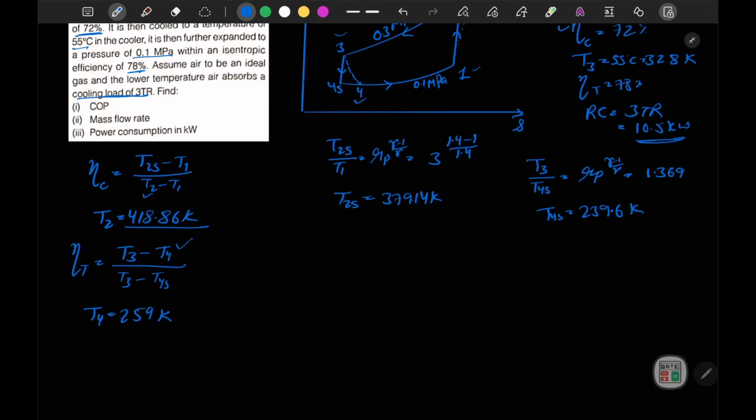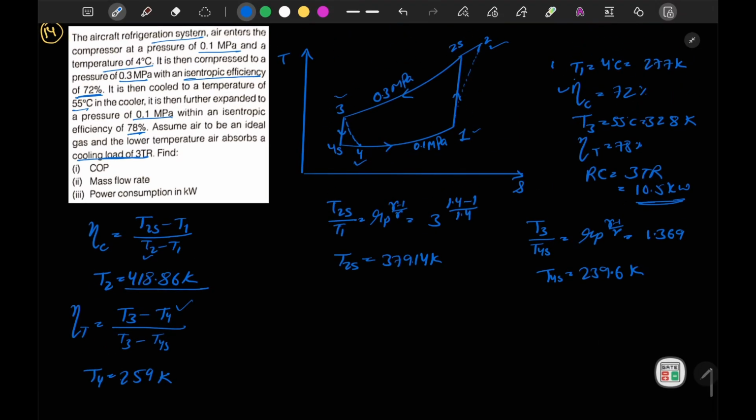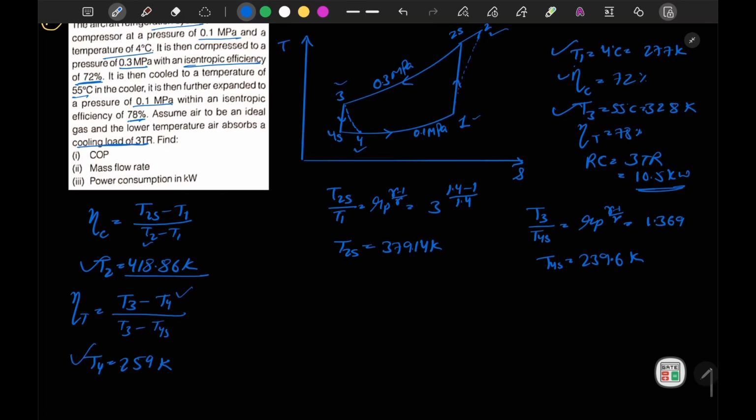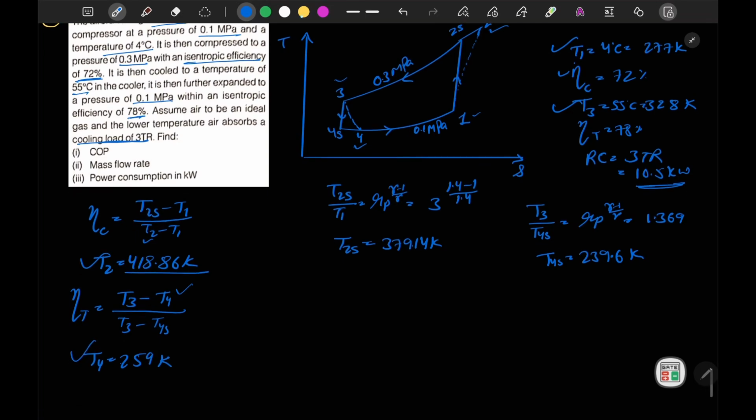Okay, so now we have obtained all the values of T1, T3, T2 and T4. Now if I want to evaluate COP, let's move to our first part, that is COP.